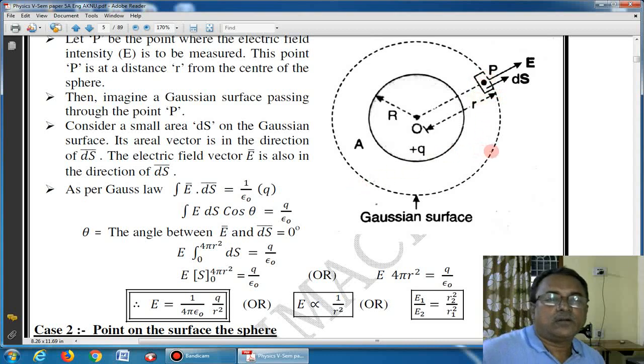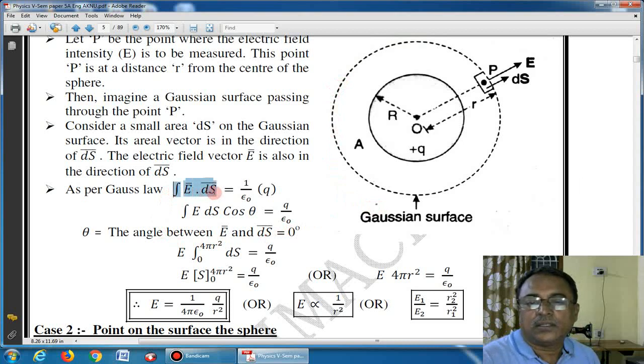And if we want to measure the total surface flux throughout the area, then it has to be integrated. Then integral E bar dot ds bar is equal to q by epsilon naught, and this is as per Gauss law.